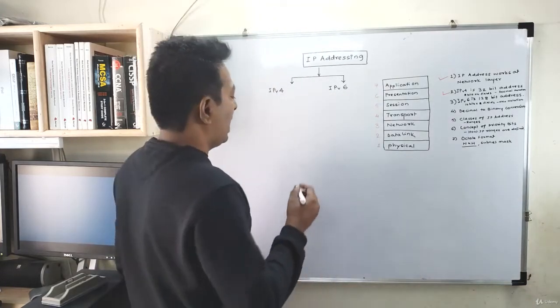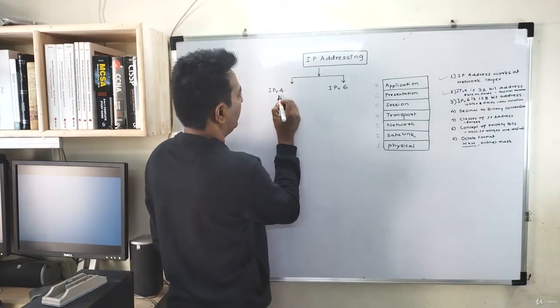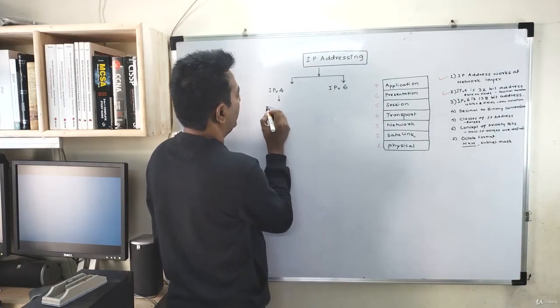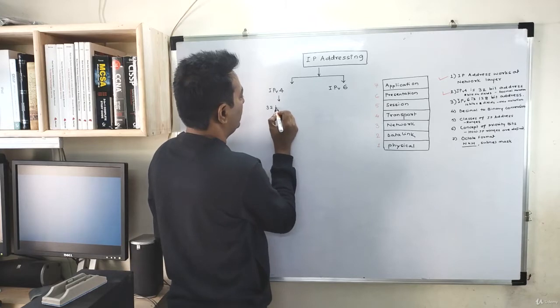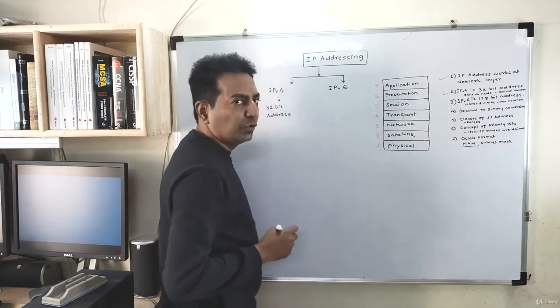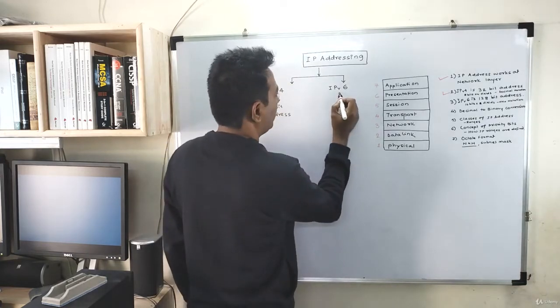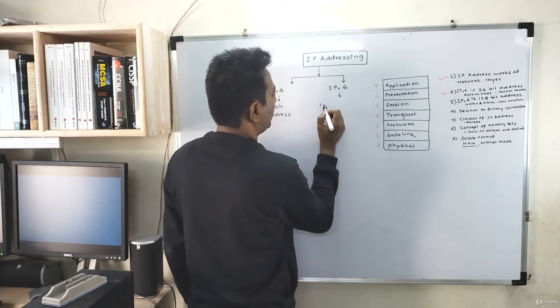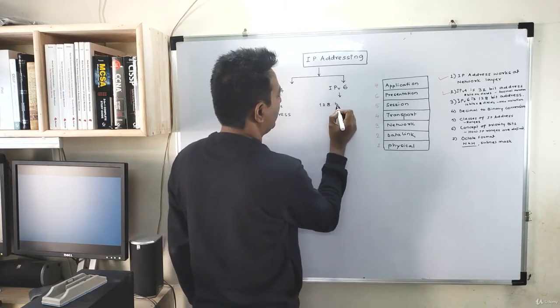So friends, IP version 4 is a 32-bit address, and IP version 6 is a 128-bit address.